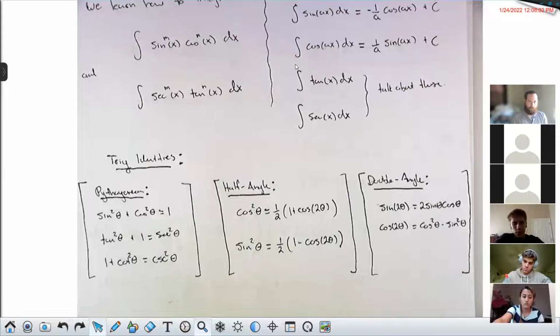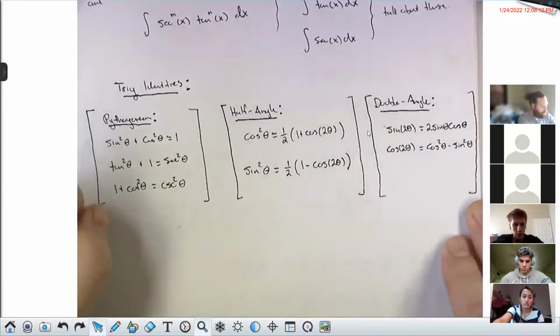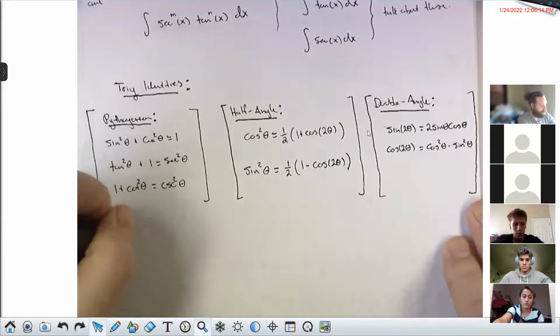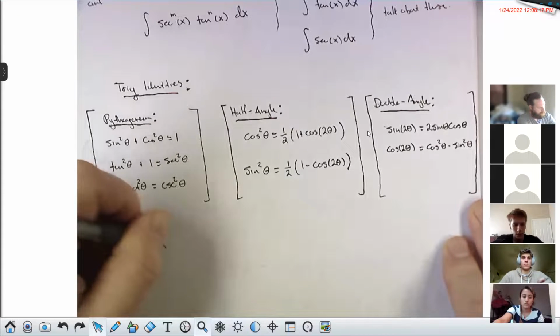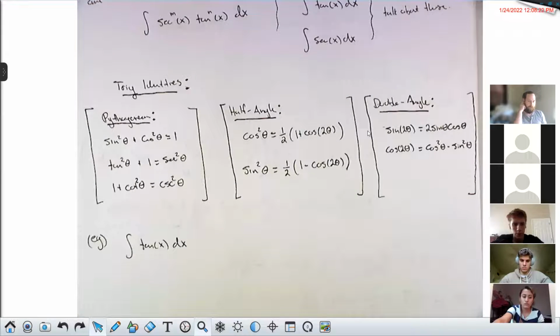We need to talk about the integrals of tangent and the integrals of secant. So as a little intro, who remembers how to integrate the tangent function? Standard Calc 1 exercise, standard U-sub problem. Does anybody have an inkling?